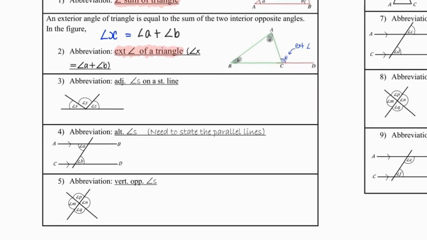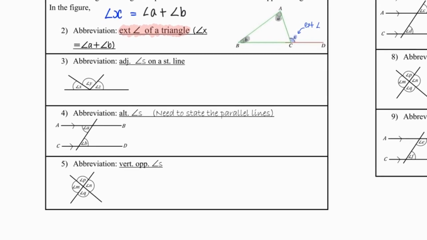Okay, and this is a quick recap of the abbreviation for all the properties that we have learned so far. Adjacent angles on a straight line. So this one simply means angle X plus angle Y plus angle Z is 180 degrees.